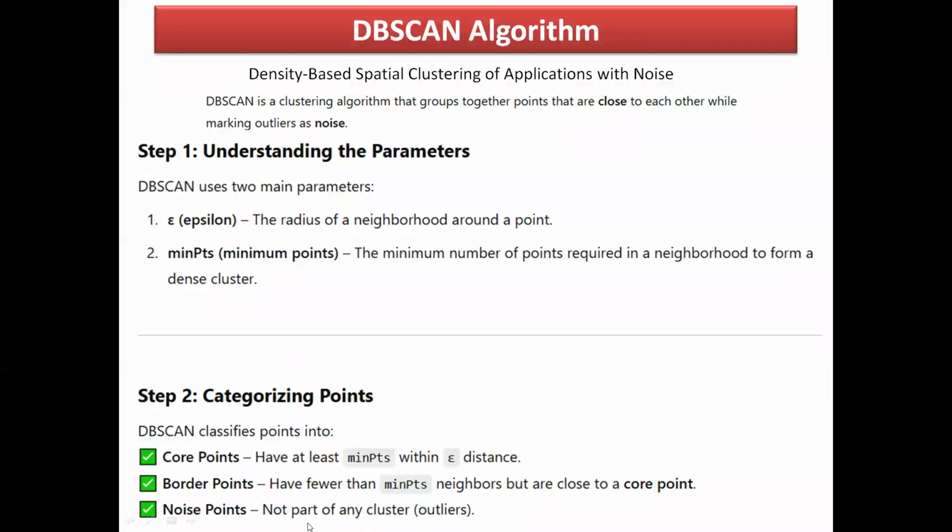Noise points: not part of any cluster, outliers. Border points: fewer than minimum points but closer to our core point. It means some points are closer but not meeting the criteria of minimum points.